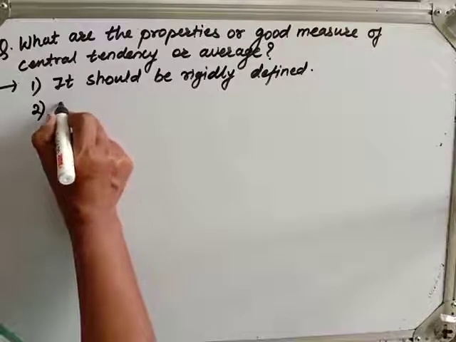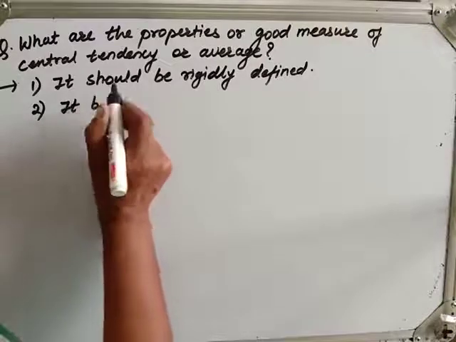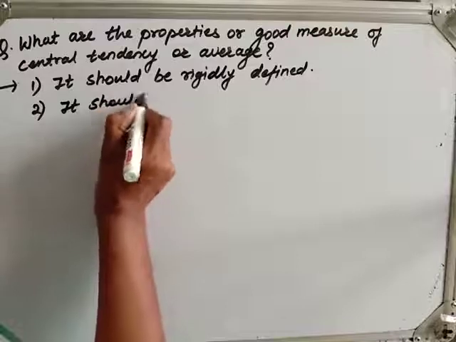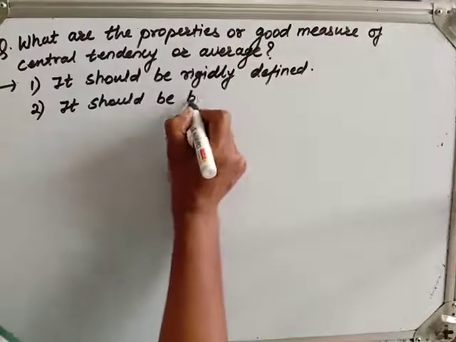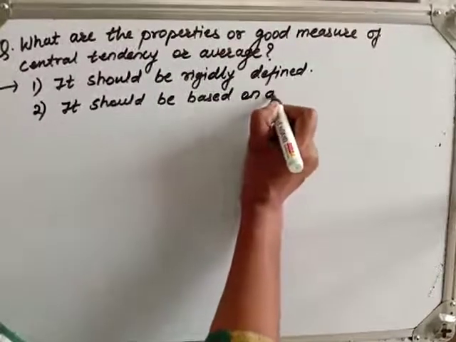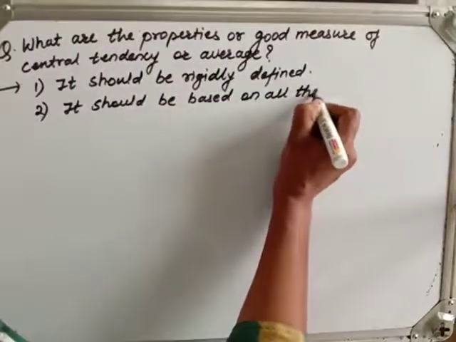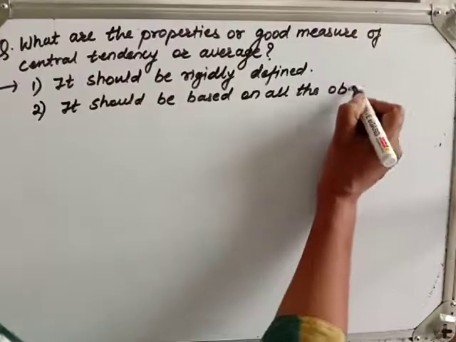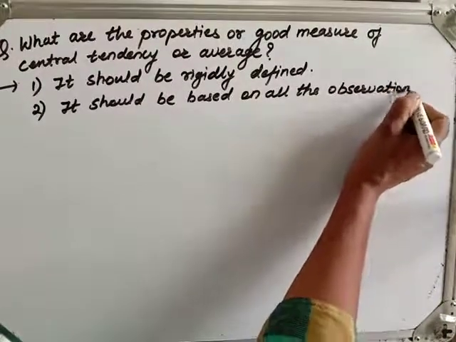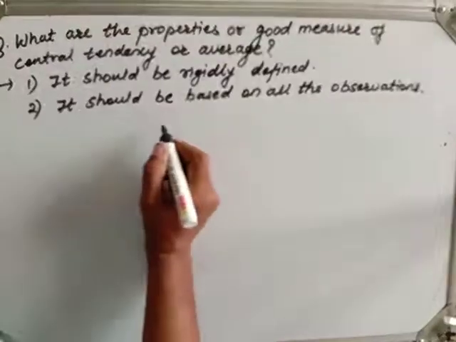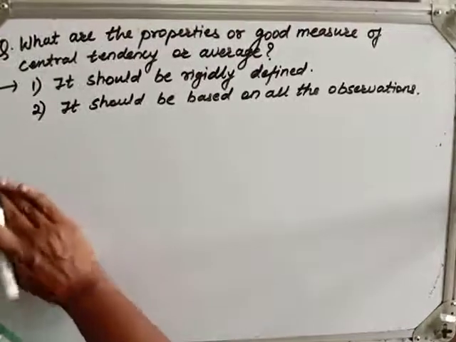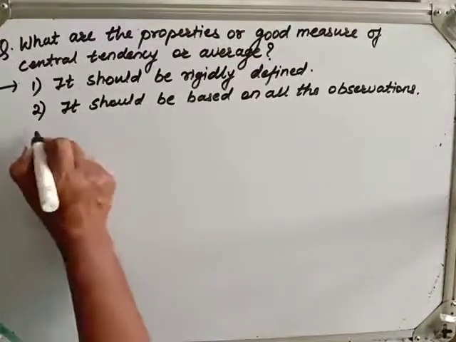Second is that it should be based on all the observations. That is, it should be representative. It should depend on all the observations. It doesn't leave any observation.